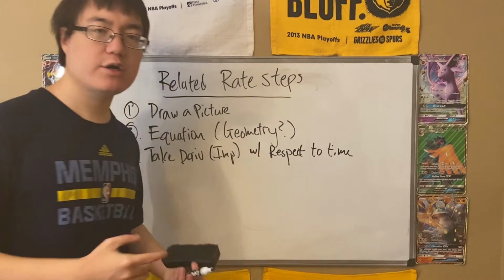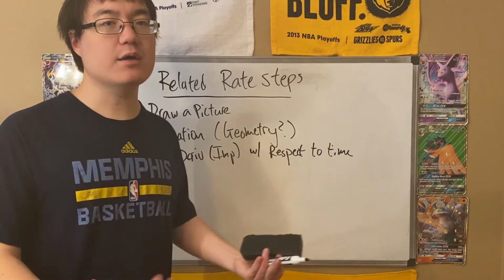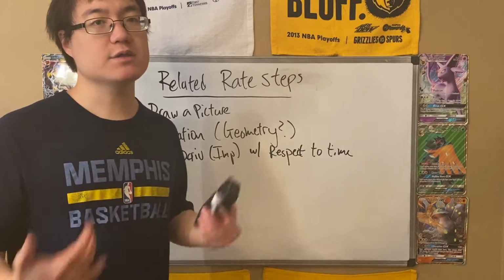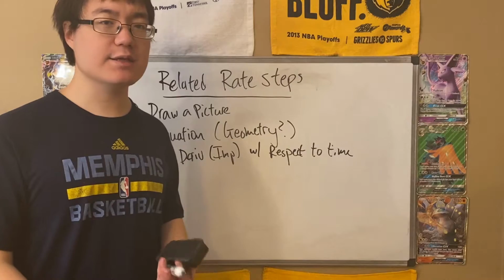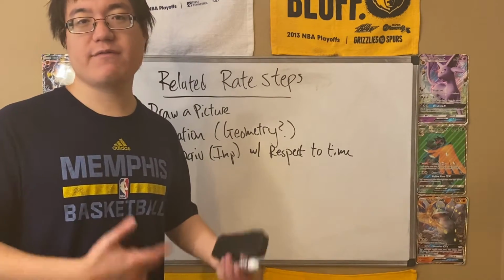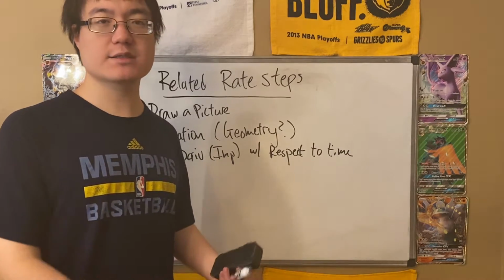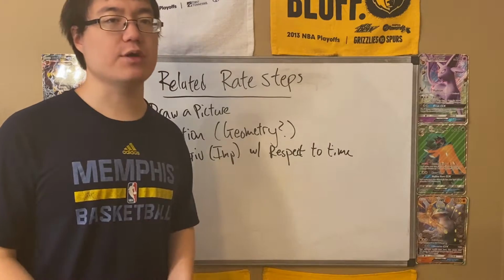It's strange that you're not going to see the letter t in these formulas. You're going to see something like pi r squared because you have the area of a circle. But just keep in mind that every single variable, even x in this case, has to be differentiated with respect to time. So the derivative of x squared isn't our normal 2x. It's going to be 2x times dx/dt, as we see throughout these questions.